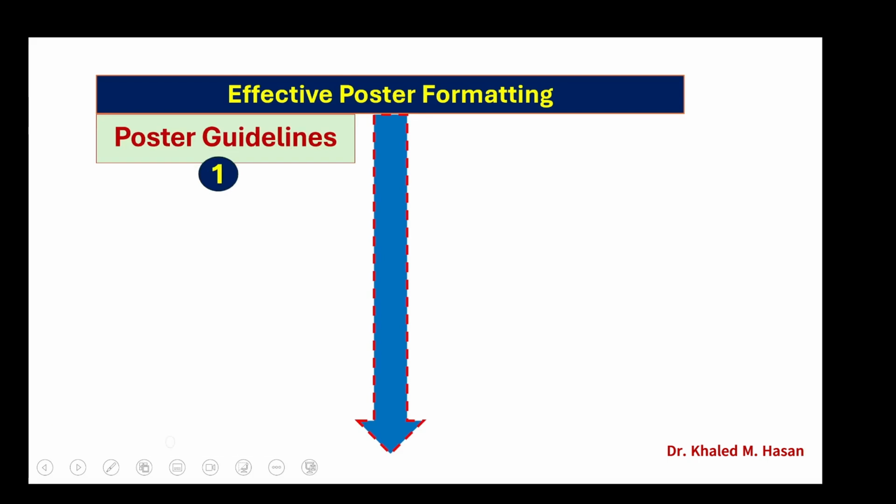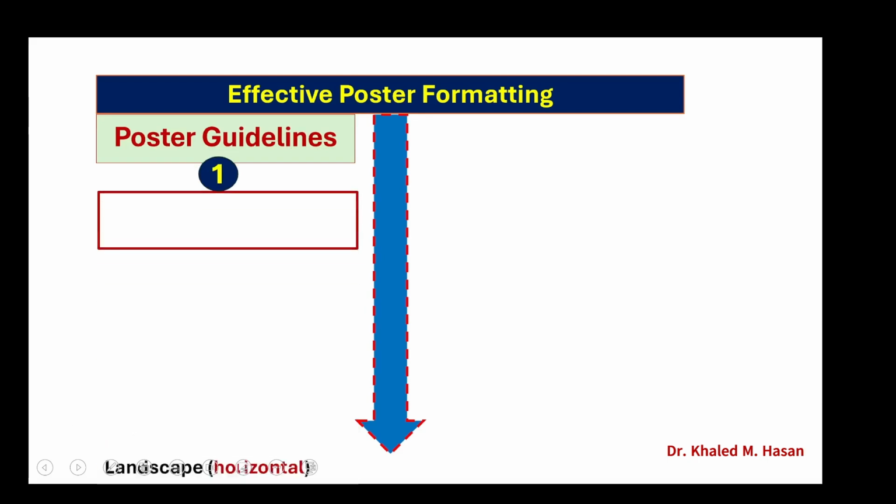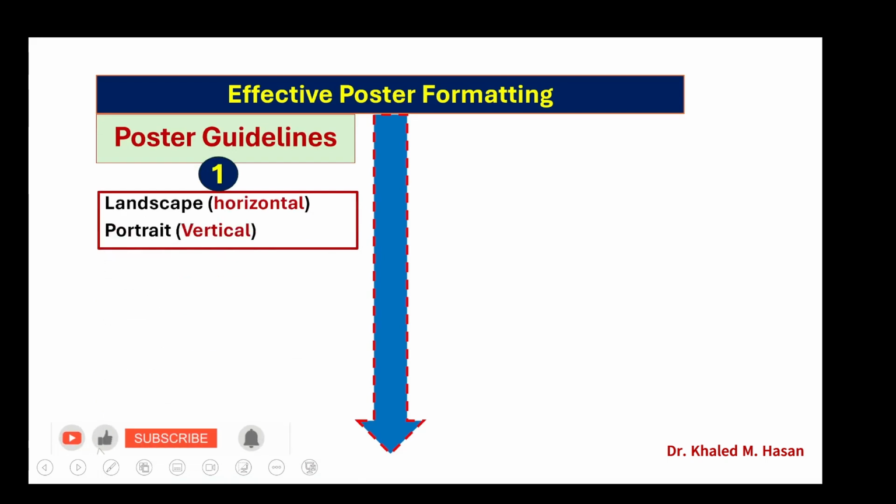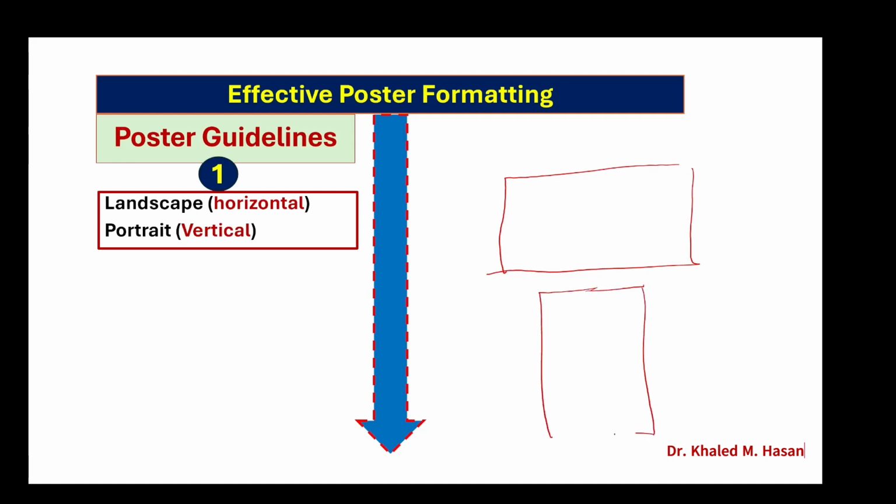So the poster guidelines, number one: we need to figure out what type of poster you need to prepare. Should this poster be in landscape position, horizontal position like this one here, or should it be in vertical position? We have to be sure about that. Here we talk about dimension.